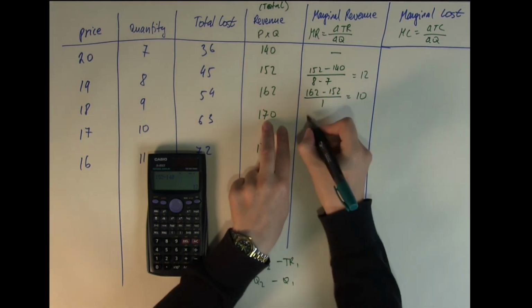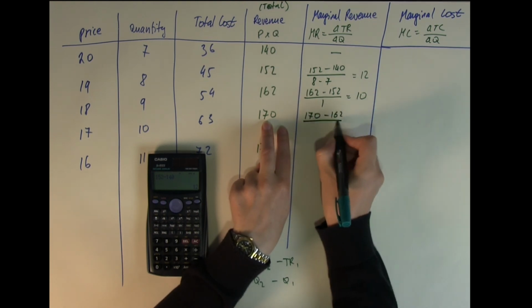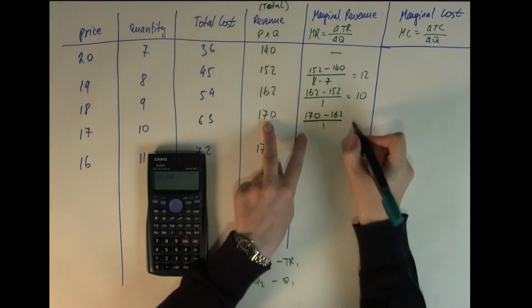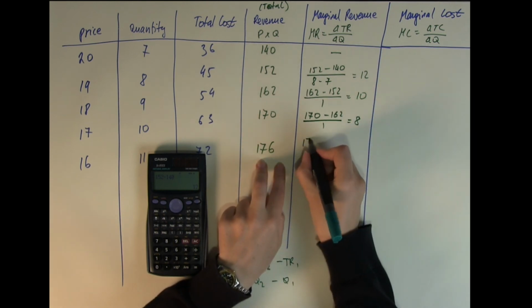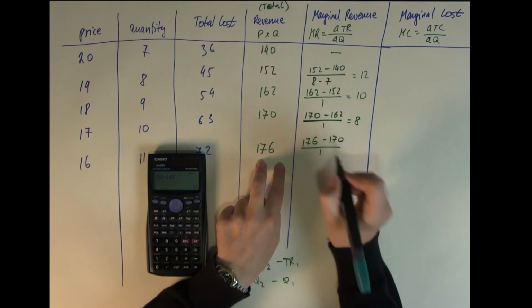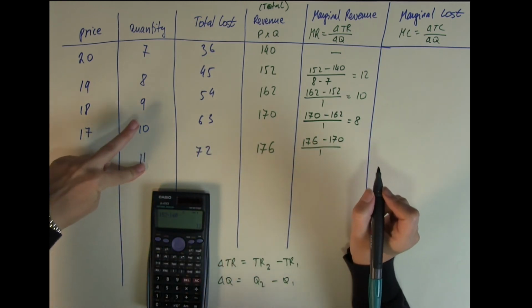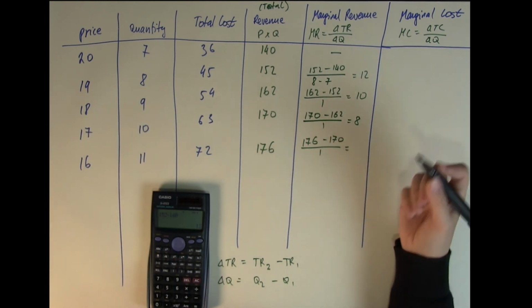The next one, 170 minus 162, again divide by 1. The difference between 170 and 162 is just 8. And the last calculation, 176 minus 170 divided by 1. Again, remember, 11 minus 10 makes 1. That's the change in quantity. And anything divided by 1 just gives the same amount.